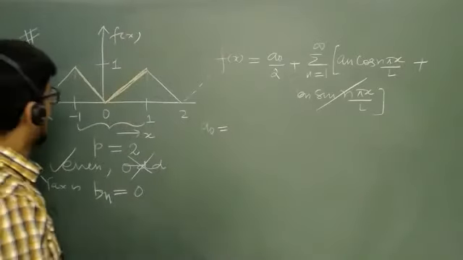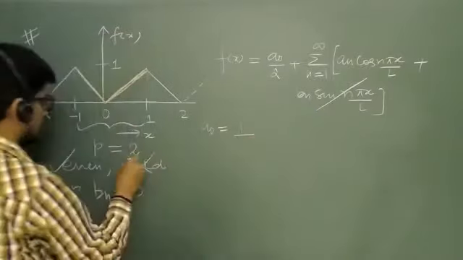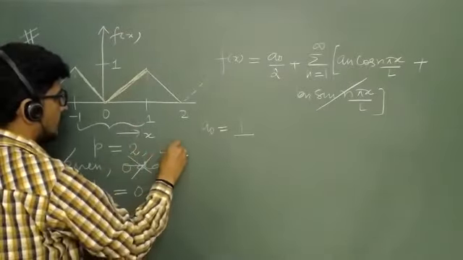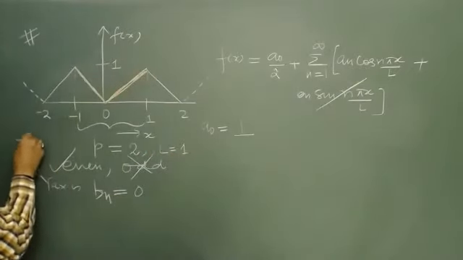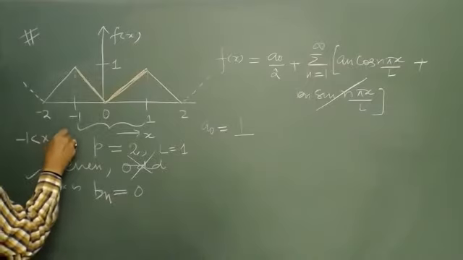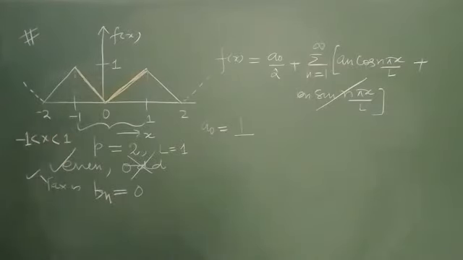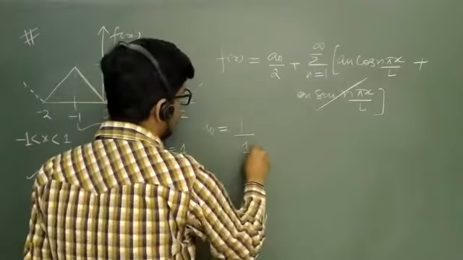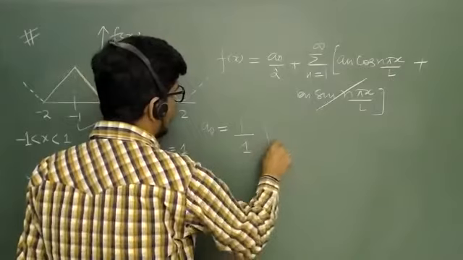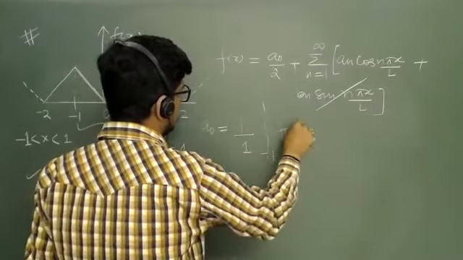That will be equal to 1 by L. L is 1. So P is 2. That means L is equal to 1, because the value of X is from -1 to 1, right? The value of X is from -1 to 1. So it will become 1 by L integral -L to L f(x) dx.